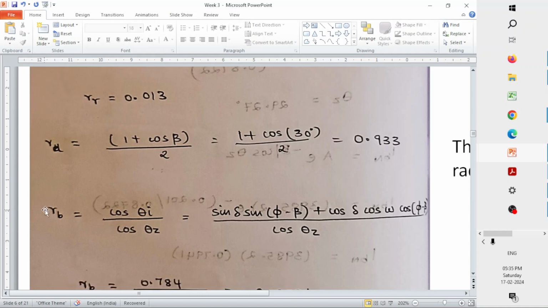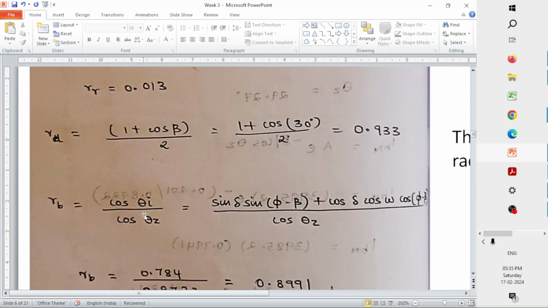RB is the tilt factor for the beam radiation, defined as the ratio of cos of theta I, the angle of incidence, divided by cos of theta Z, the zenith angle. If you calculate both ways, you will get the same answer.